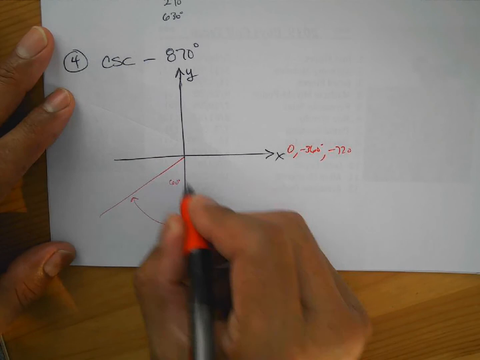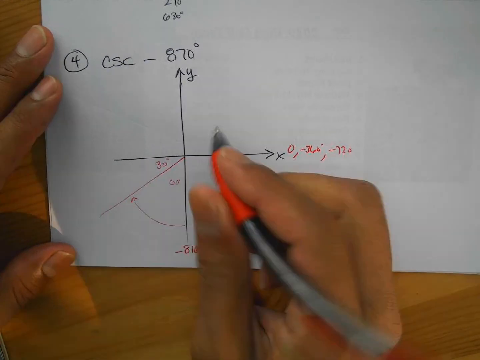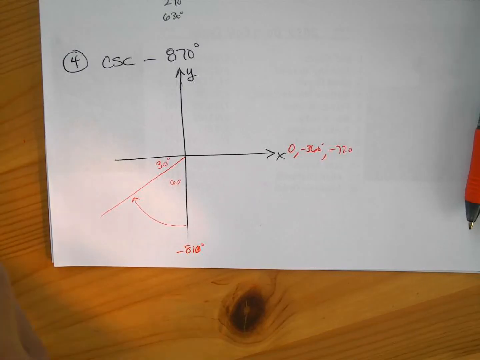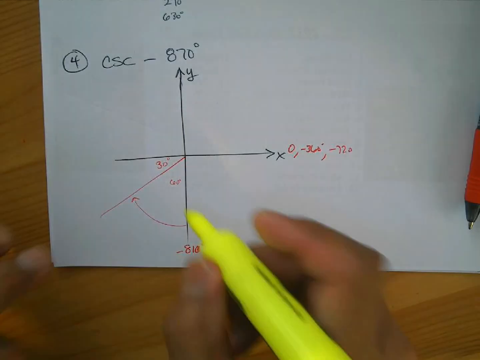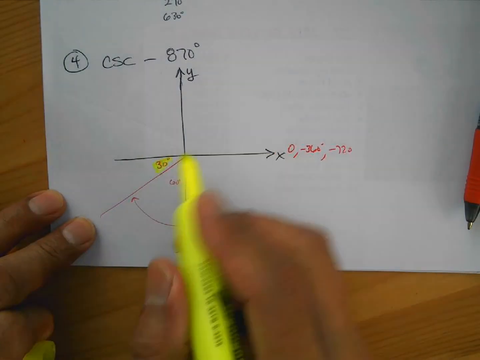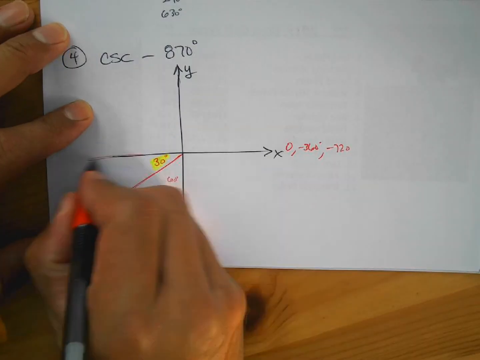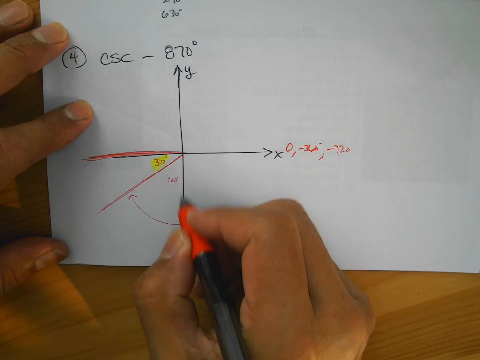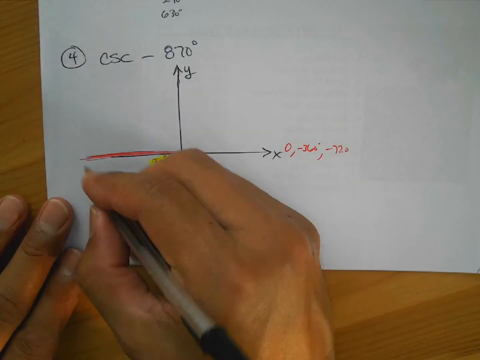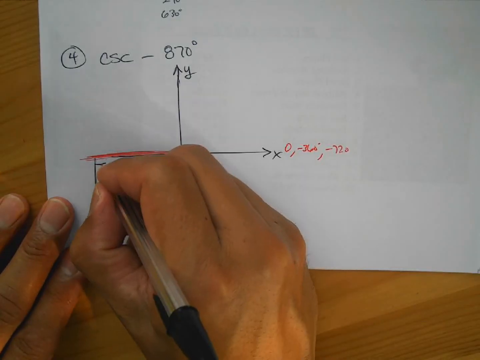So if this one's 60, that means your reference angle is 30. This is where we're at. We're working right here with the reference angle. Always work with the angle between the terminal side and the x-axis. Don't work with the y-axis. We drop it down.